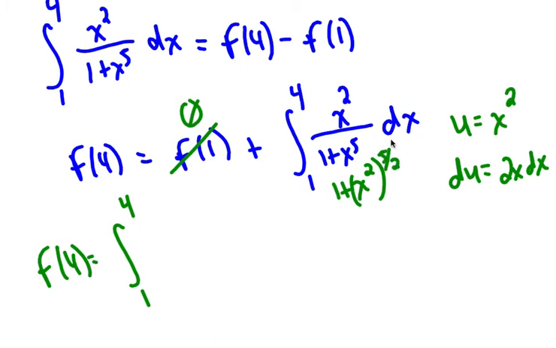So we can replace that with u and have 1 plus u to the 5 halves. But the problem there is that's also an antiderivative that we can't do, because then we would end up with u over 1 plus u to the 5 halves du, which again is not an antiderivative that we can do.